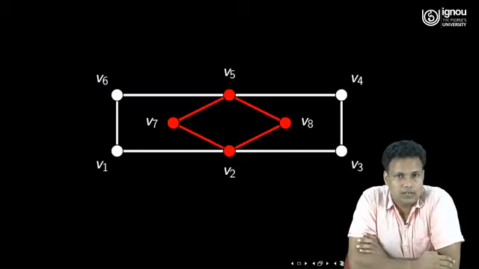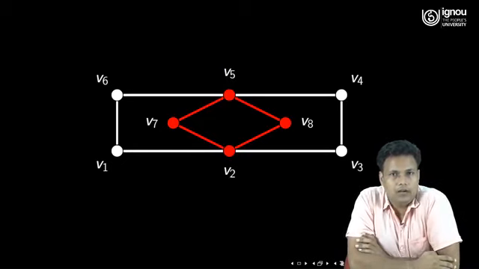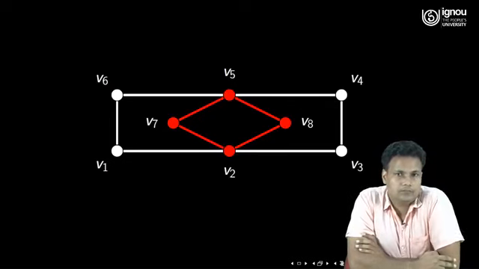For instance, in this graph we have seen that the vertices v2, v7, v5 and v8 have minimum eccentricity, which is 2, and hence they induce the center of G as shown in the red vertices and edges.